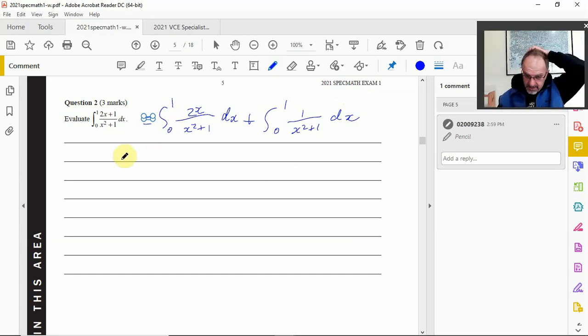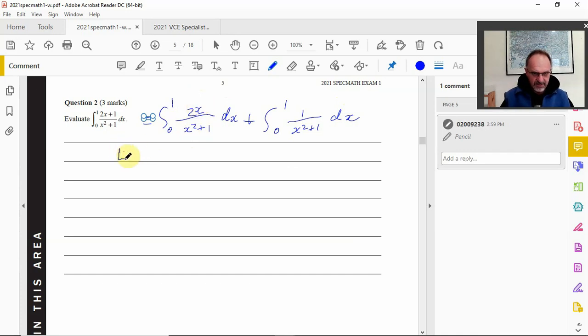All right, so the first one here, there are a couple of different approaches that you could do. But when you look at what's on the bottom here, x squared plus 1, if you were to differentiate that, you would in fact get 2x.